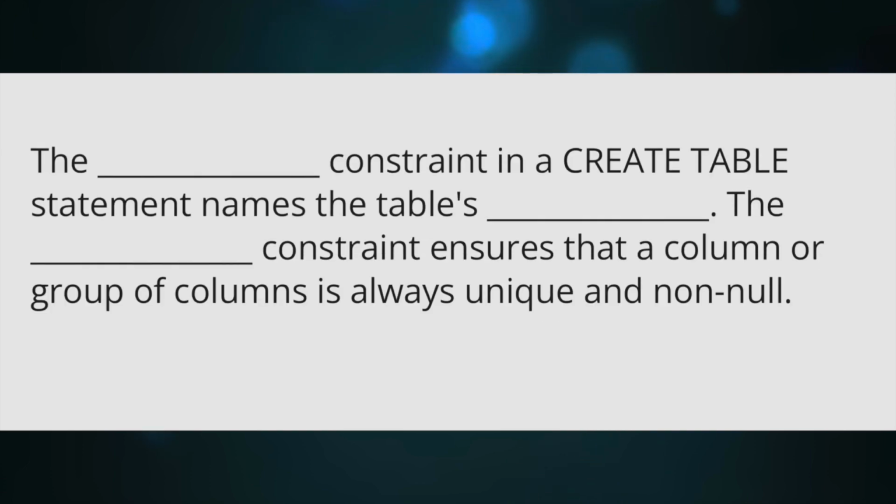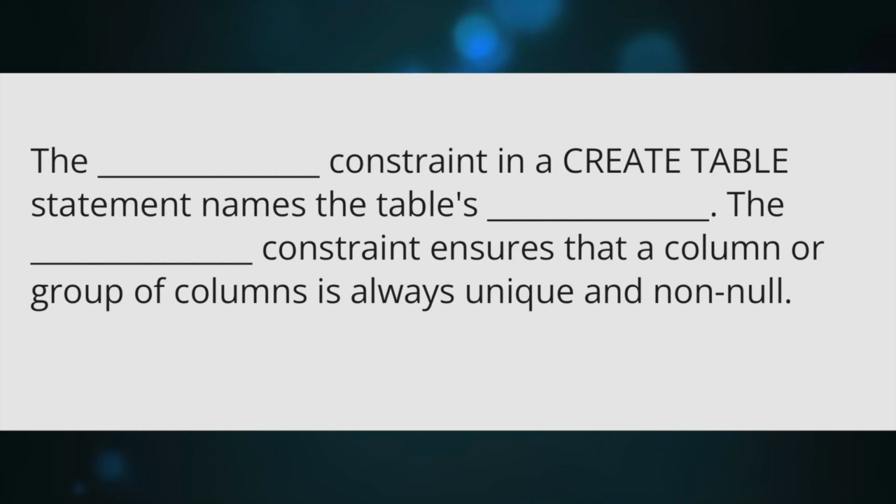Next one is, I skipped ahead, but the blank constraint in a create table statement names the table's blank. The blank constraint ensures that a column or a group of columns is always unique and non-null. The primary key. So the primary key constraint in a create table statement names the table's primary key constraint.